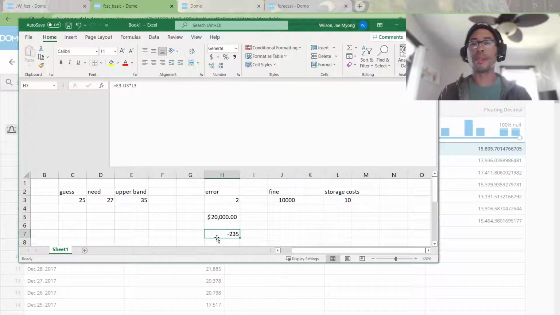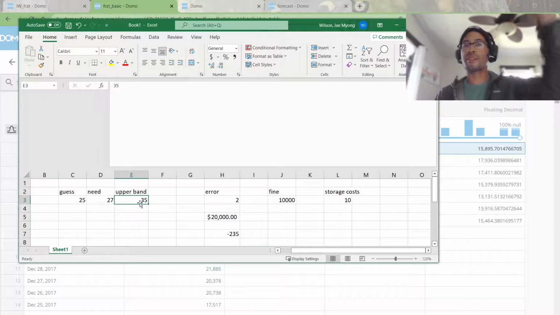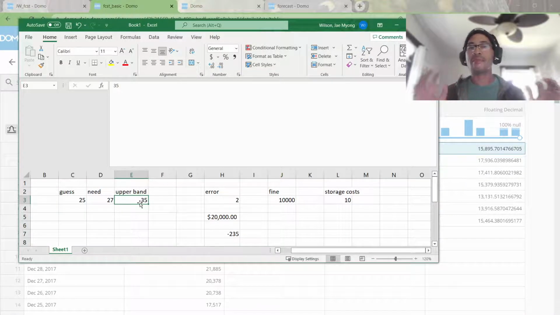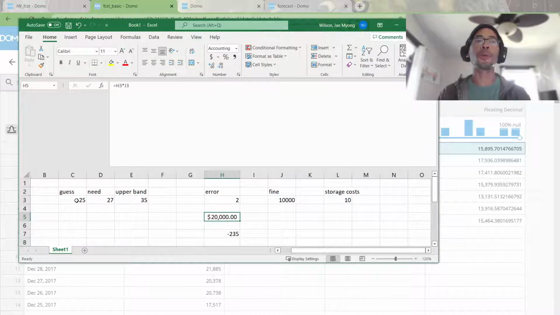So it costs me $235 to be conservative and be 95% confident that I'm going to cover all of my stuff, as opposed to me being like, nope, I'm just going to have 25 because that's what I guessed I would need. And I got 27. Now my cost is a $20,000 fee.